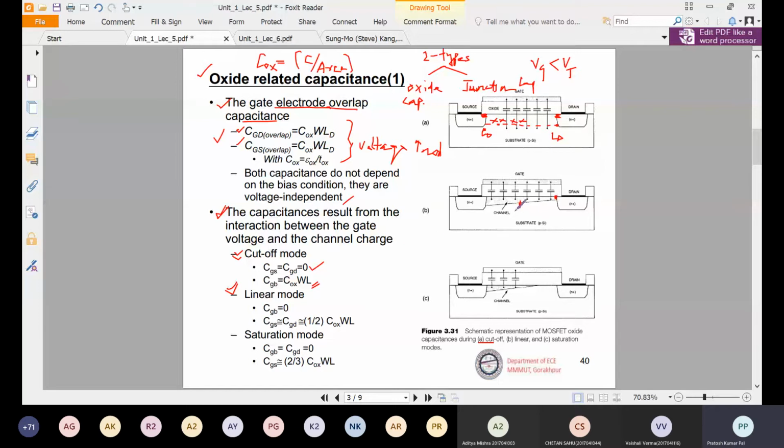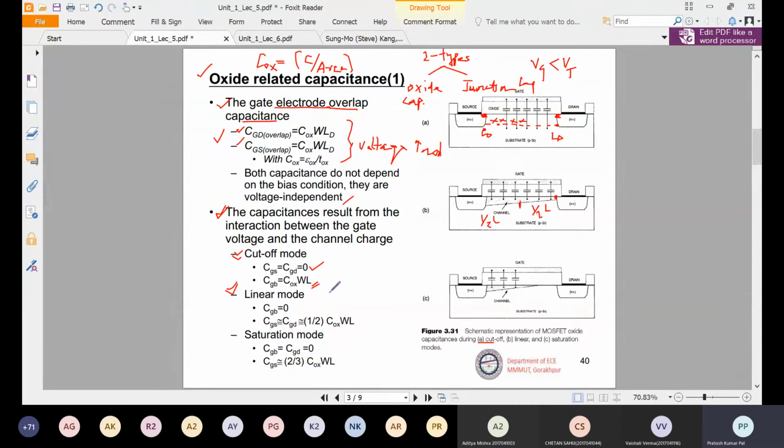So the MOSFET capacitances in the linear region will be because of half on the source side and half on the drain side.